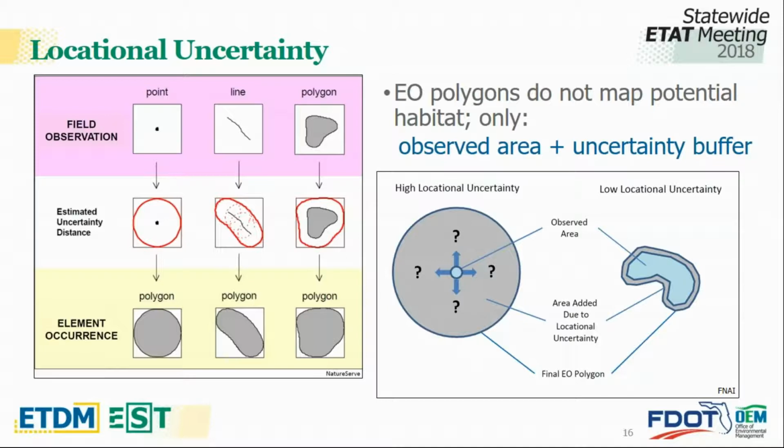In addition to these data sources, another reason for this buffer could include large ranges of area where a species may occur. For example, black bear has a large home range and may occur over a large geographic region. Looking at the graphic on the right, you can see that the circle demonstrates the observed field point observation with a high uncertainty buffer spread equidistant from the point of observation.